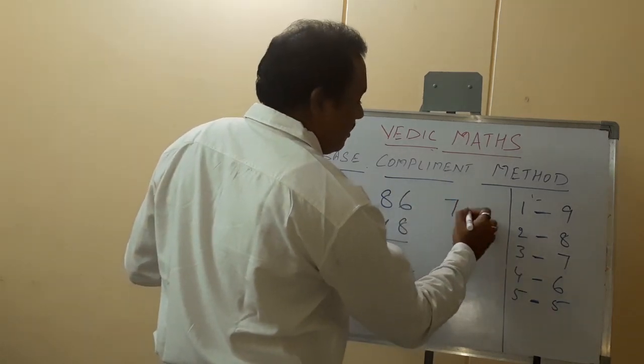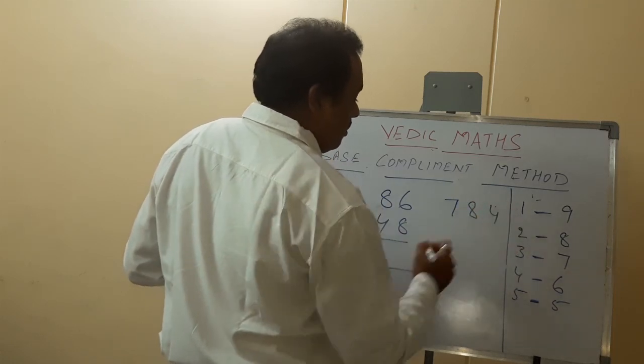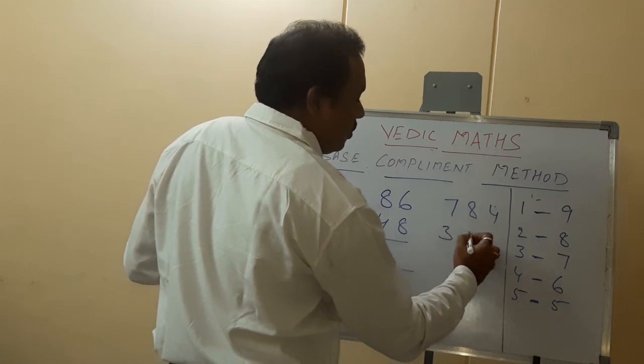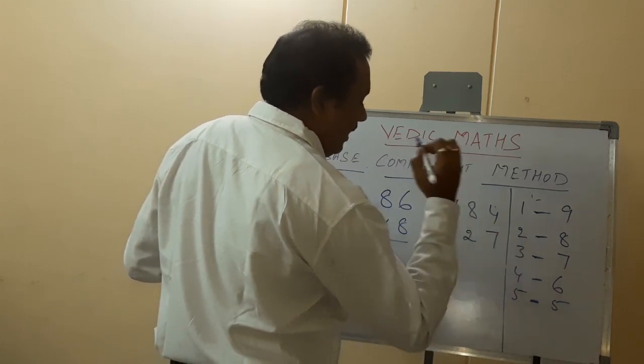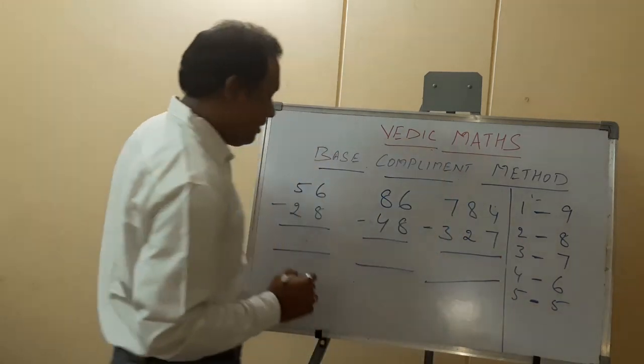So 7, 8, 4 and let us take 3, 2, 7. We wanted to do minus here.